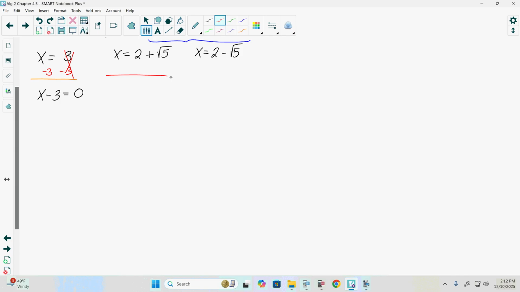Now, for our x equals 2 plus the square root of 5, I'm going to subtract 2 from both sides. That tells me x minus 2 is equal to the square root of 5. Then at this point, we subtract the square root of 5 from both sides, telling me that x minus 2 minus the square root of 5 is equal to 0, so now it's in factored form.